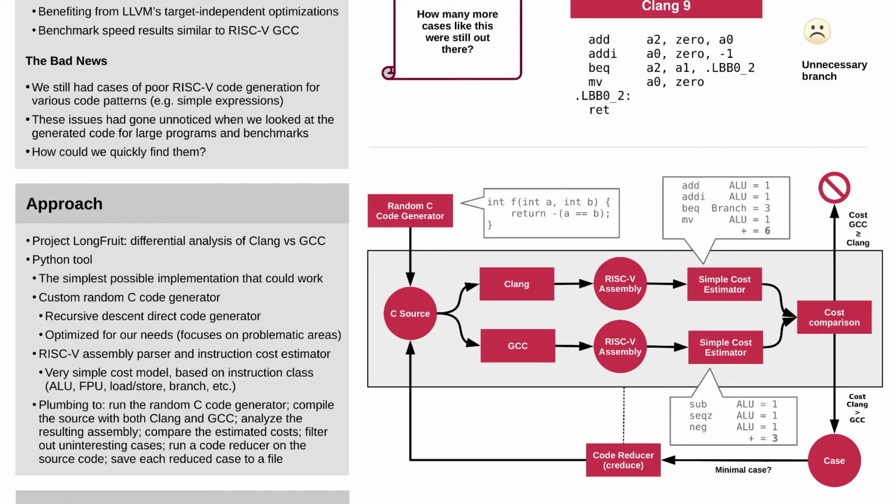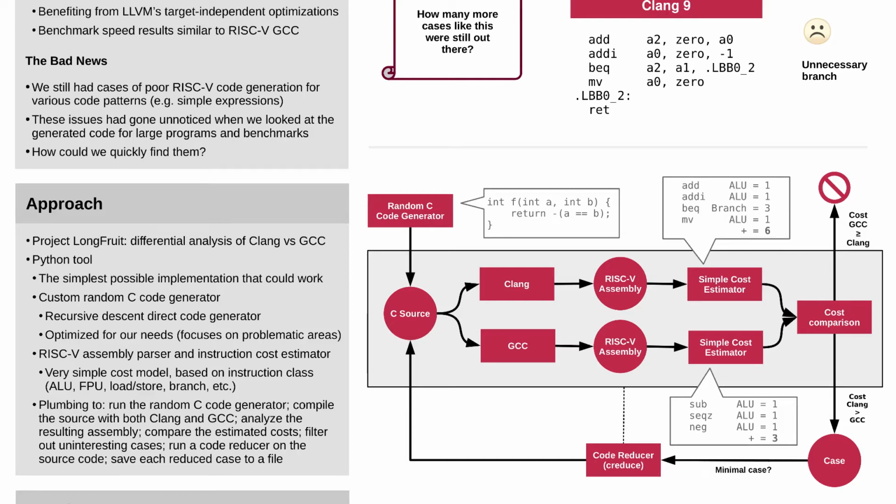For instance, when we generate an integer literal, we don't generate all numbers with equal probability. We use our knowledge of the RISC-V ISA to efficiently explore ranges of numbers that are handled in a different way by the backend. The tool then compiles the randomly generated code with both Clang and GCC.